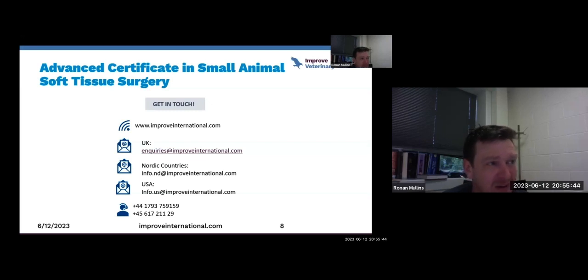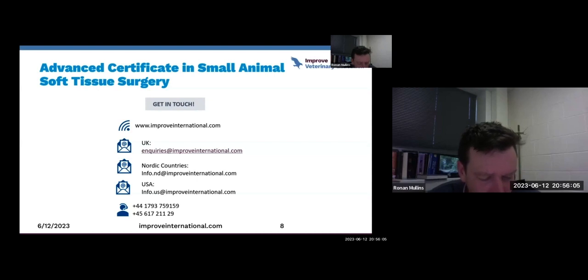And then we have had cases where, for example, we've used the actual flank folds as full thickness meshed skin grafts. In terms of axial pattern flaps, let me see.